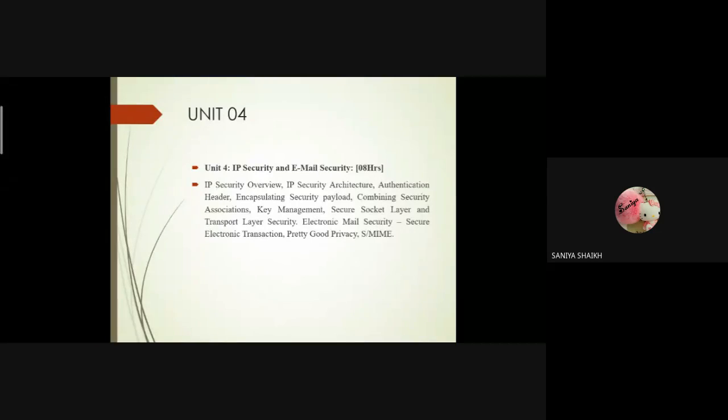Okay, so we'll take the example of email security. Let us take one real-time application. If I have to send a mail to a particular person, we have to make sure that the data can only reach that particular person.